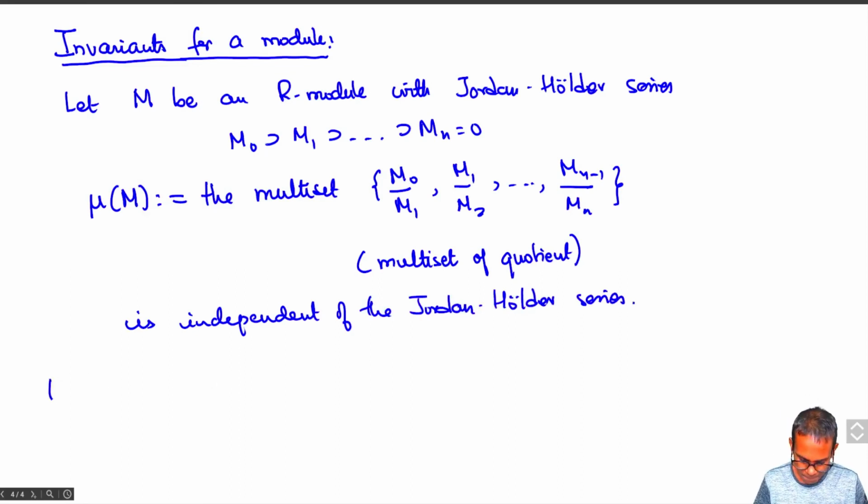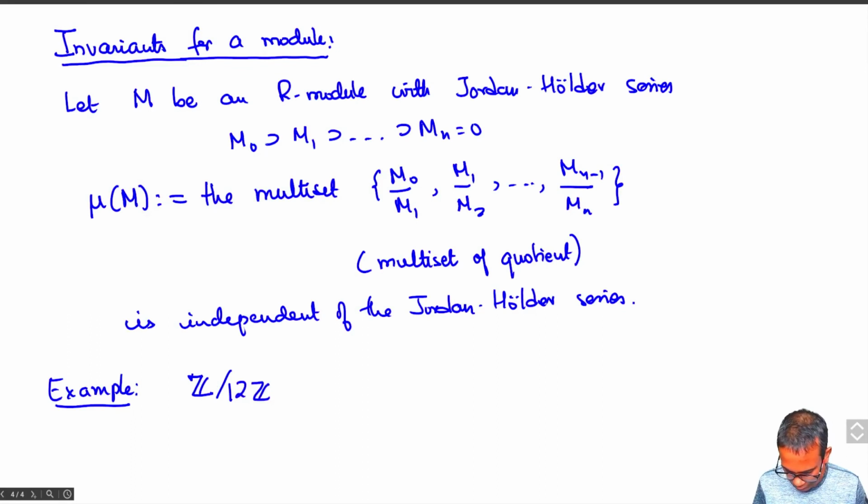For example, we had looked inside Z mod 12Z. So let's call this M. This is a Z module, and this had submodules.